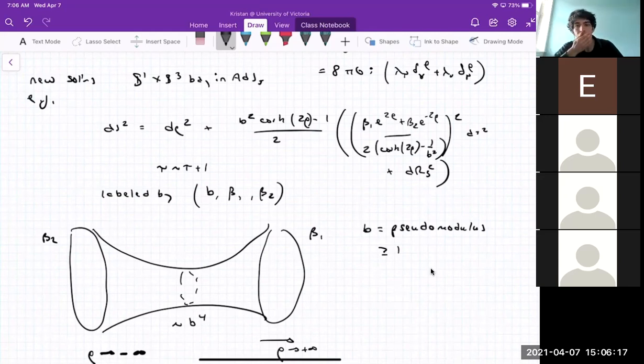In that limit, yeah, it pinches. But then the geometry at the pinch point is a cusp, not some kind of smooth geometry? That's right. But this is the usual kind of cusp in the cigar if the black hole mass and the temperature are not matched correctly. Ah, okay.